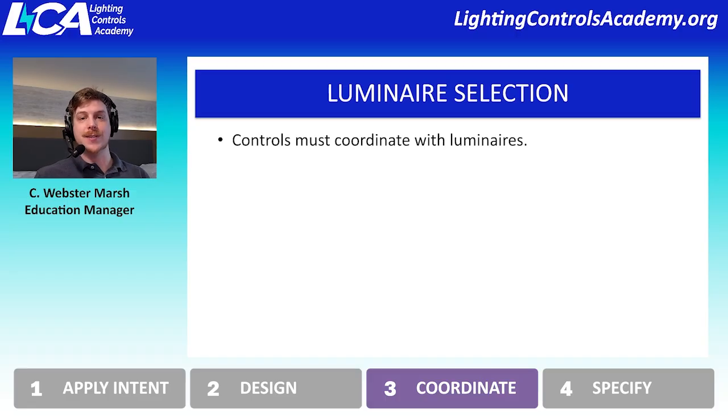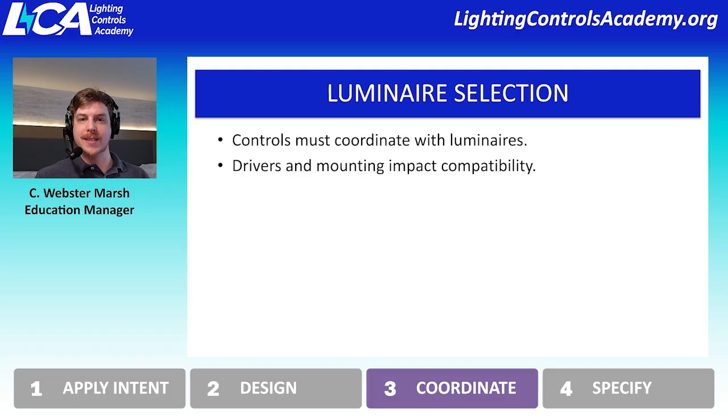It's not enough to just say in a luminaire schedule, this is a 0 to 10 volt fixture, and then expect somebody else to make sure that the system can control 0 to 10 volt. The controls designer really should be communicating with whoever assembles that schedule what the protocols they're using are going to be.